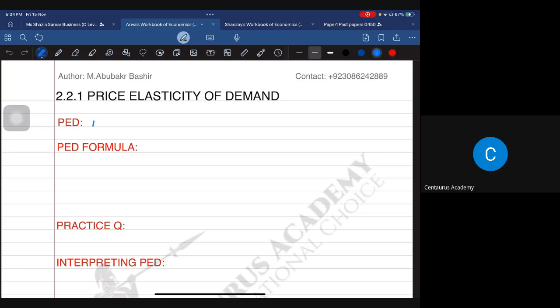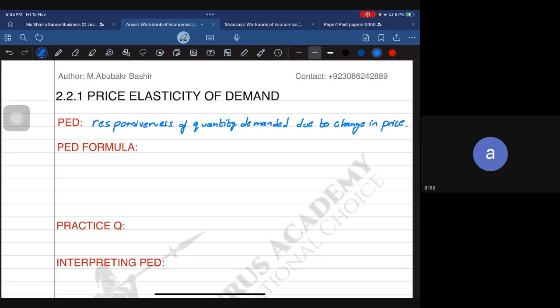So this tells us the responsiveness of quantity demanded due to change in price, right? How much the demand responds to the change in the price.